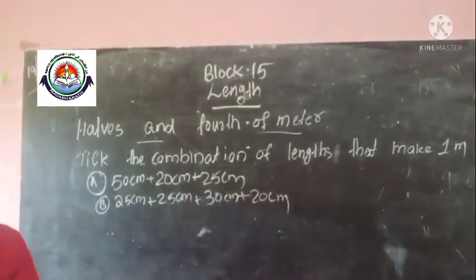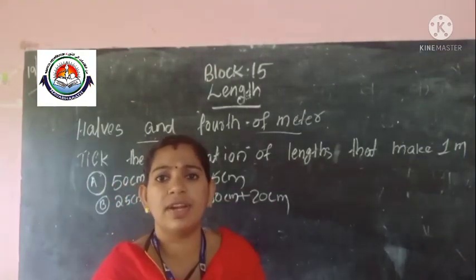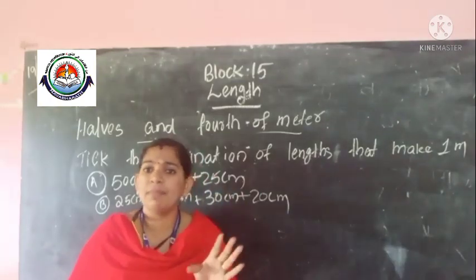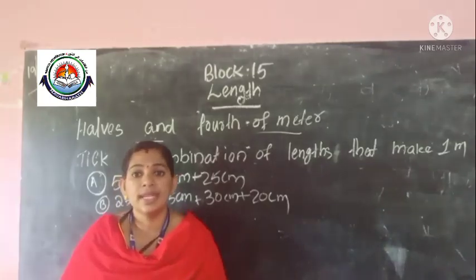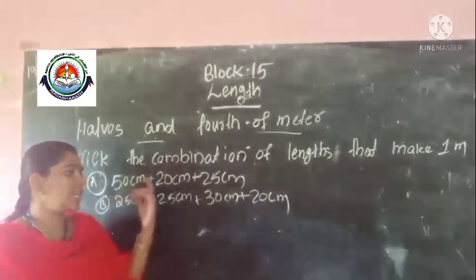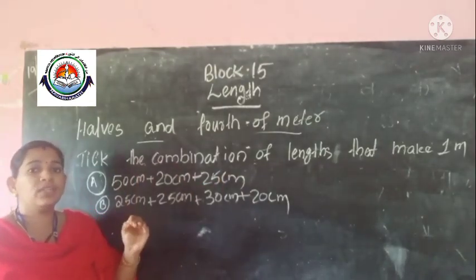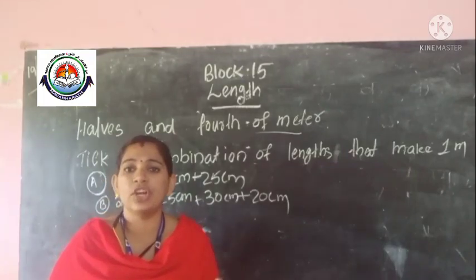So dear children, how do you find out which combination gives 1 meter? We know that 1 meter is equal to 100 centimeters. So we can add these centimeters. If you get 100 centimeter, that is the correct combination for 1 meter.